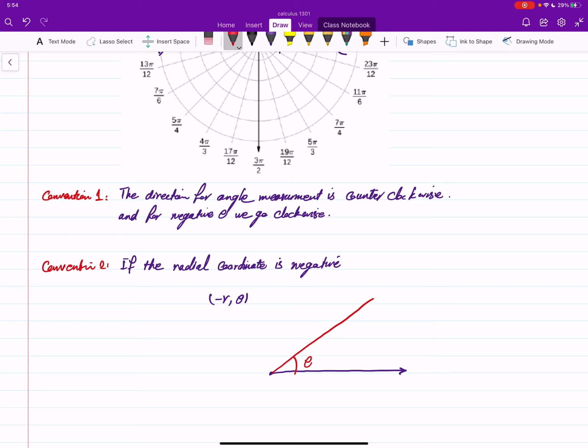Now, if the radial coordinate is negative, instead of finding r here, you go backward.